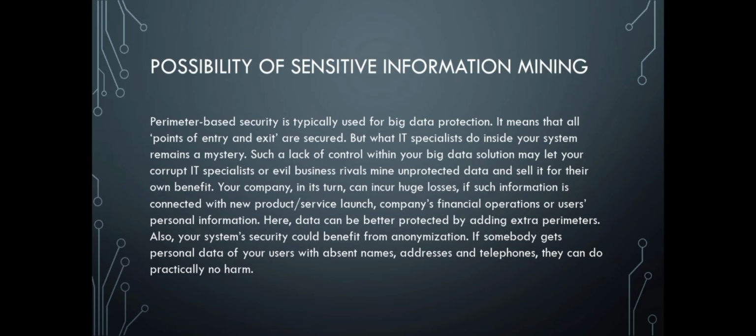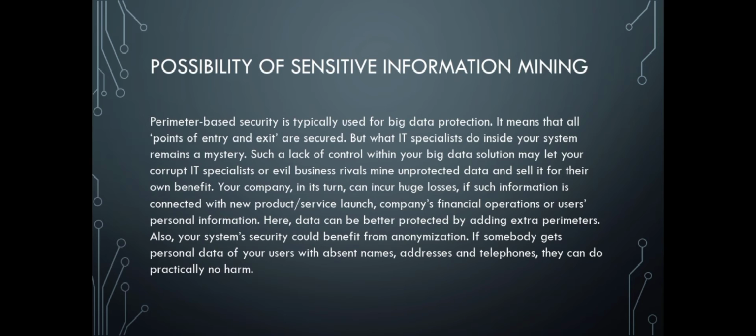Here, data can be better protected by adding extra parameters. Also, your system security could benefit from anonymization. If somebody gets personal data of your users with absent names, addresses, and telephones, they can do practically no harm. In short and simple explanation, you can literally trust no one when deciding on your system security.